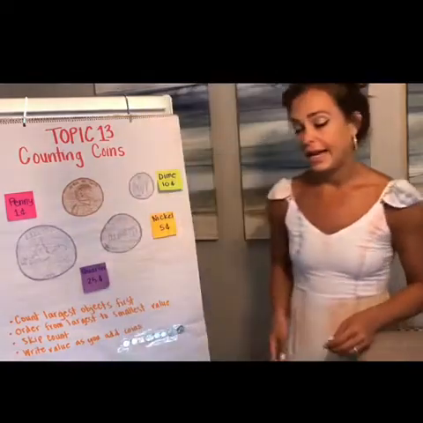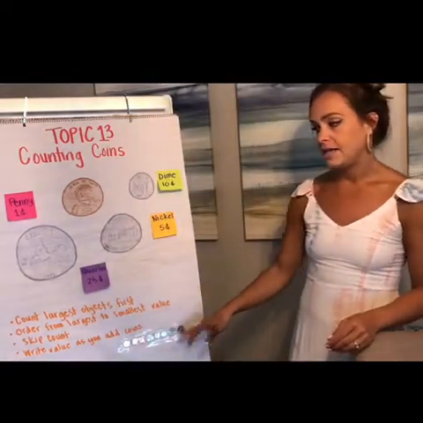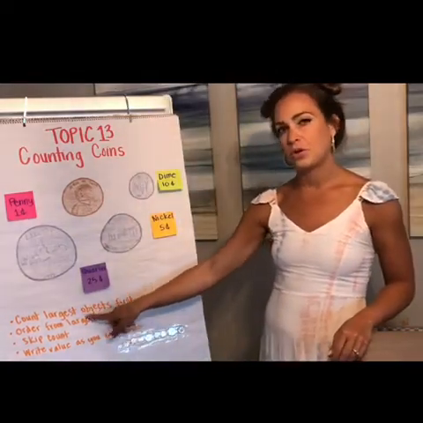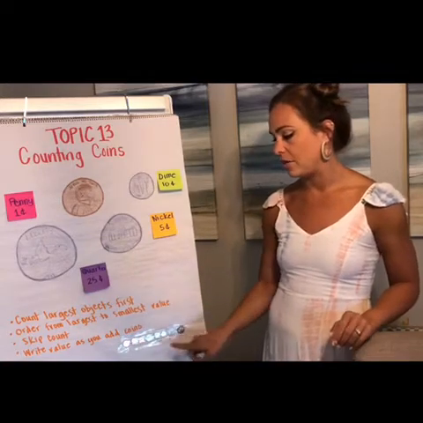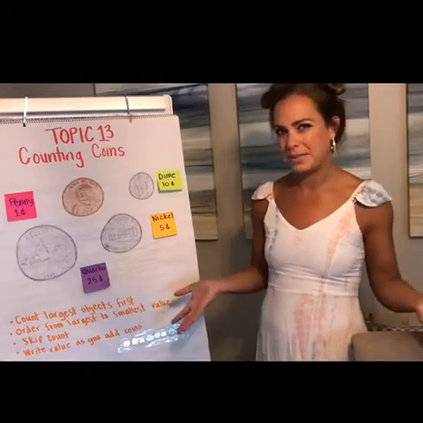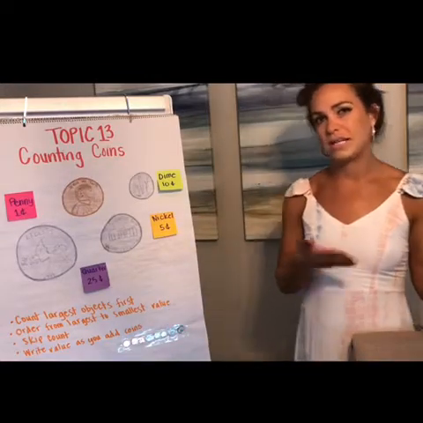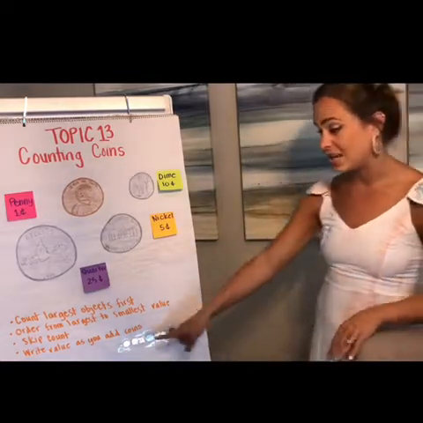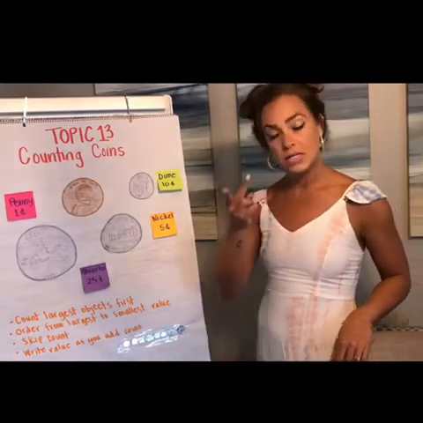As you can see here, it says that I need to organize them from largest to smallest value. Well, I have a penny, and then it goes to a quarter. That's the opposite of greatest value to least value. This is actually least value to greatest value. So we need to switch it.